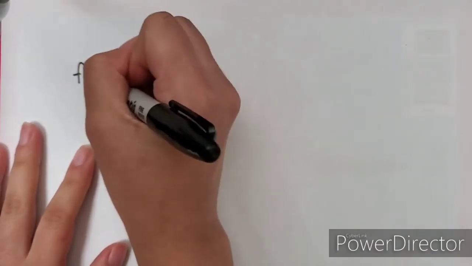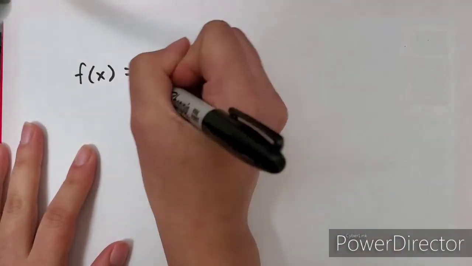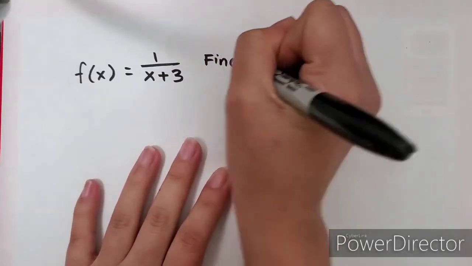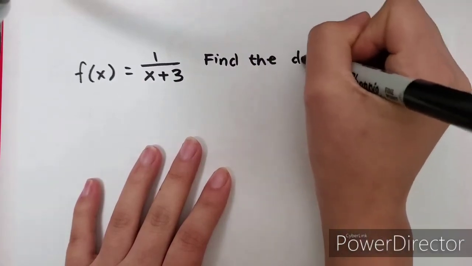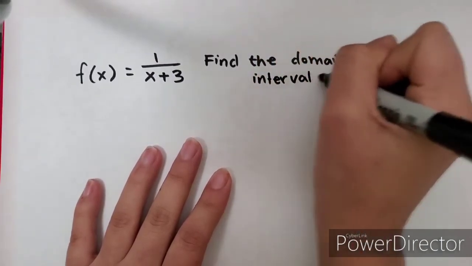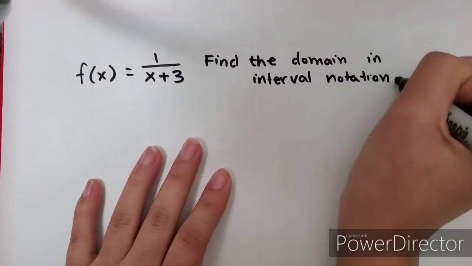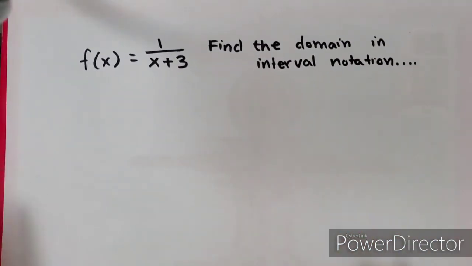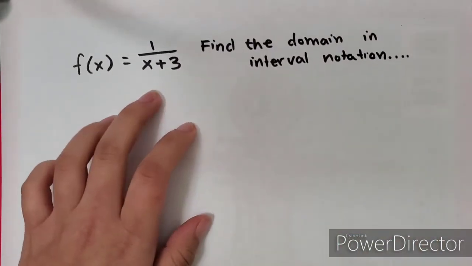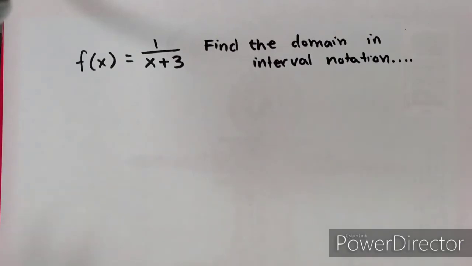So I will be showing you an example of how to solve for a domain algebraically. So if we were to have an equation like this, and this is also a restricted domain. Looking at this function, the first thing you would do is that the denominator cannot equal 0.